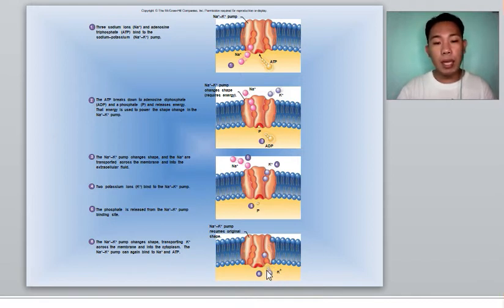The sodium-potassium pump can again bind to another sodium and ATP, and later on will repeat its activity.